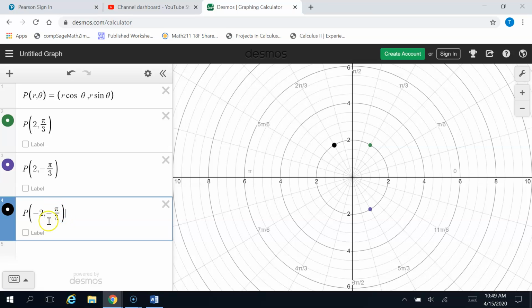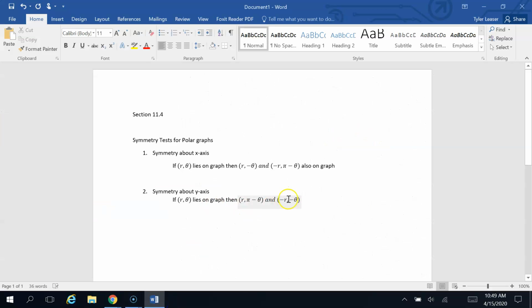This is on the angle −π/3, which remember is this angle here. But because the r value is negative, I don't actually go in this direction. I go in the opposite of that direction, which is going backwards here to the black point. But more importantly, the green point and the black point are reflections over the y-axis. So if you make both the r value and the theta value negative, you're reflecting over the y-axis.